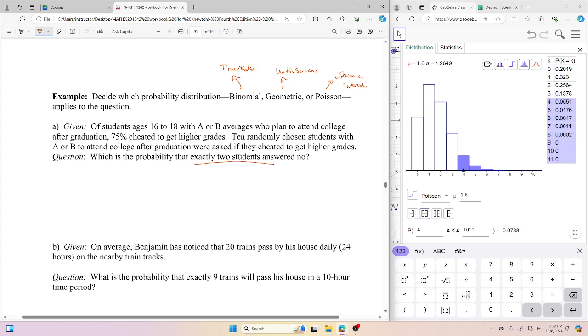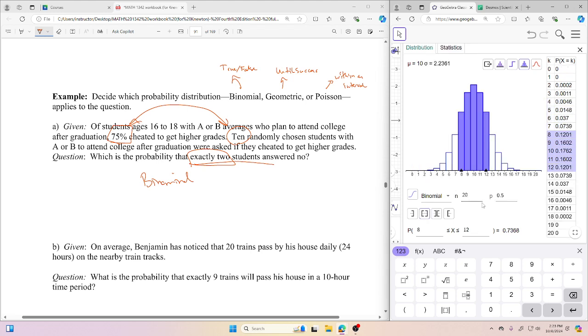Because it has this 10 here and it's a fixed amount, I don't see any particular time frame. There's also a third number, indicating binomial. If you go to the binomial here, notice that we have 2 numbers, an n and a p. Do we have an n? Do we have a p?